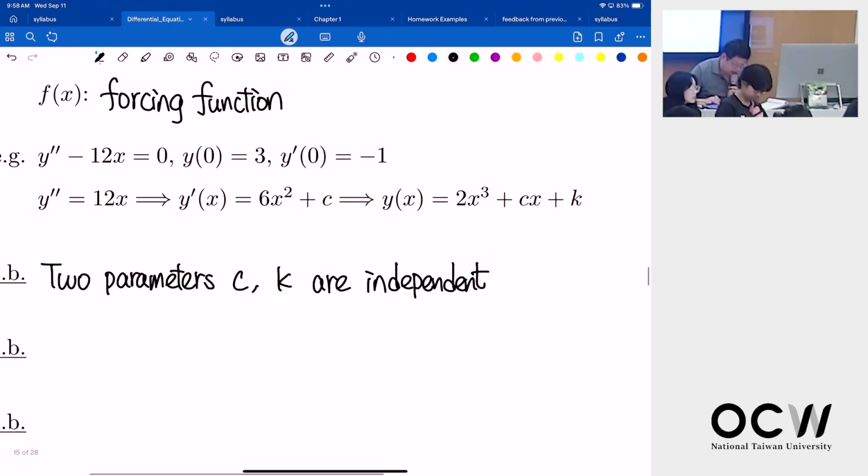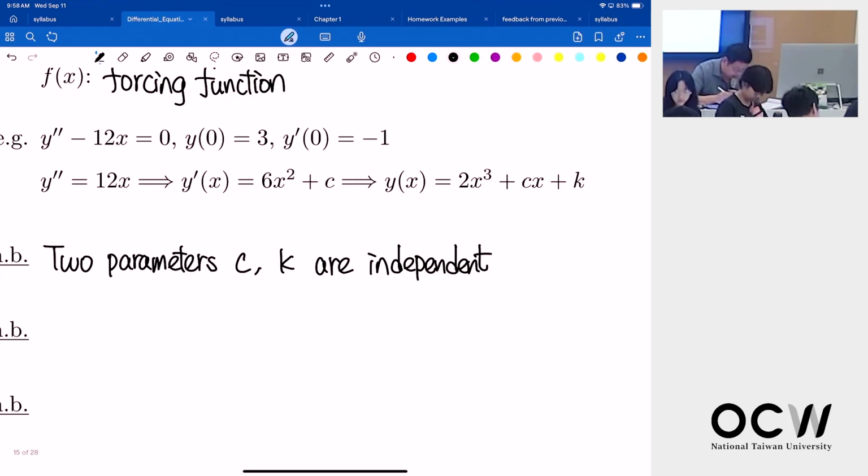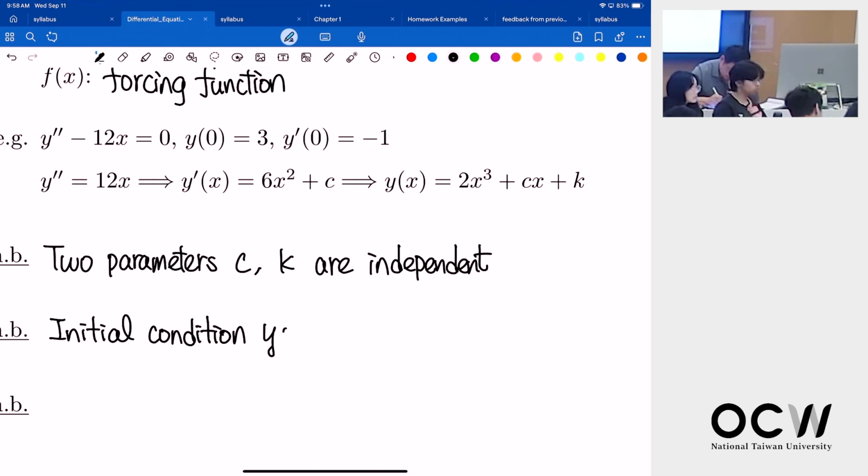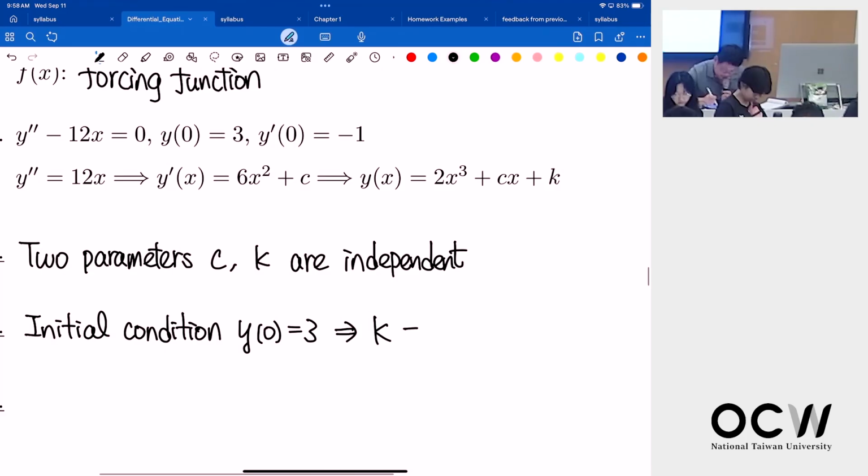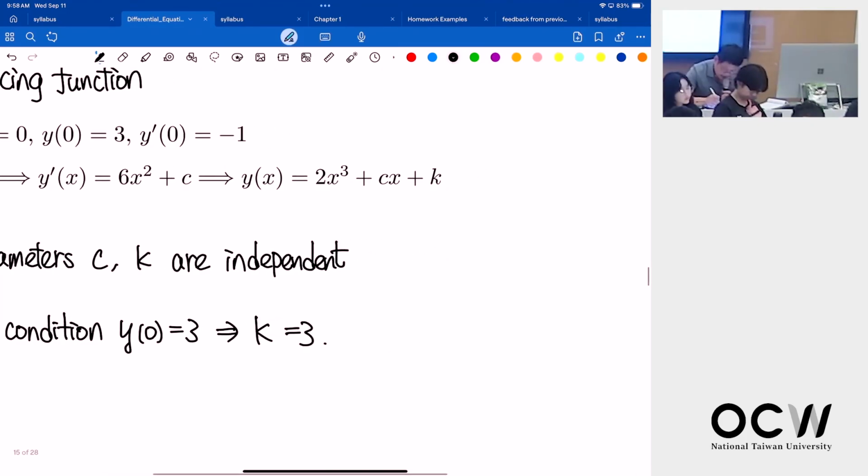And then using the initial condition, first y of 0 equals 3, then we can get k. K is 3. And then your y is 2x cubed plus cx plus 3.